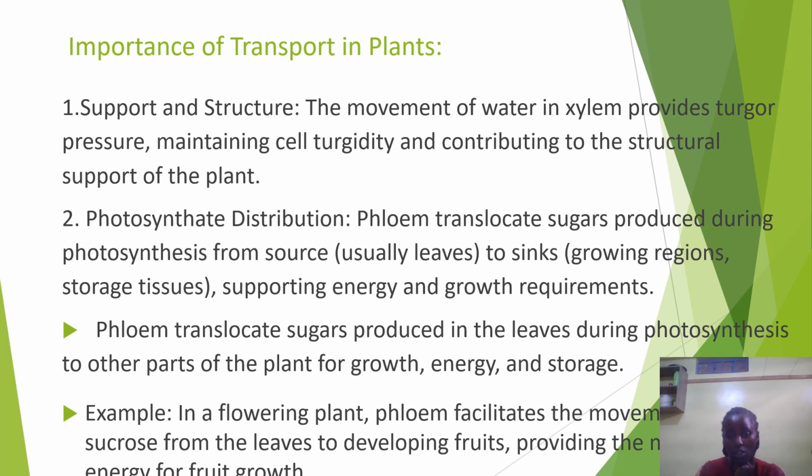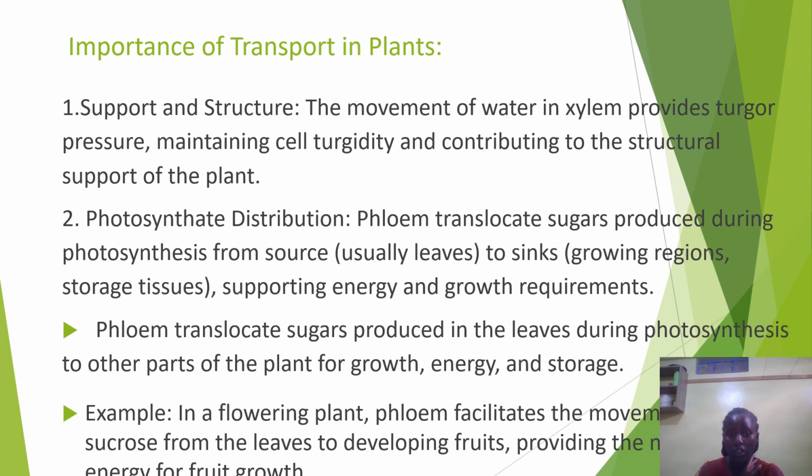That is, which is the source? Leaves. To sinks. What are sinks? Now the sinks are the growing regions or the storage regions. Those are the structures or the parts which are called sinks.